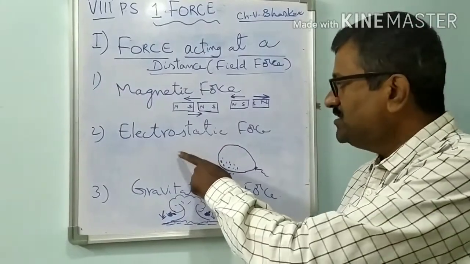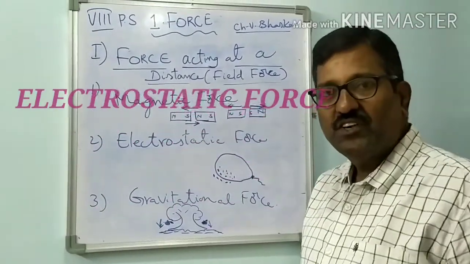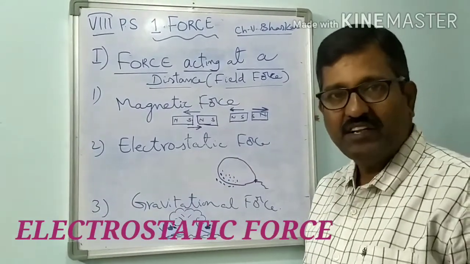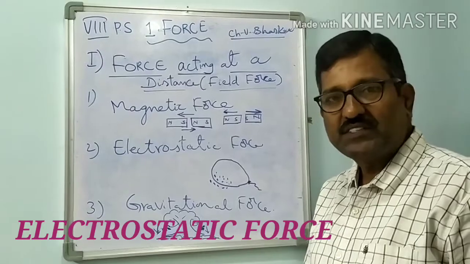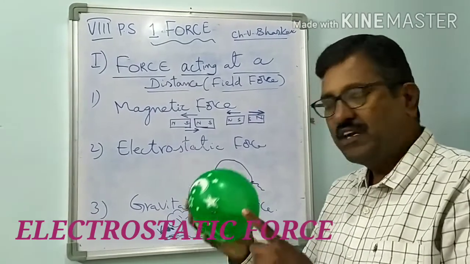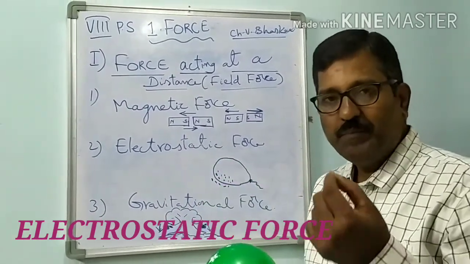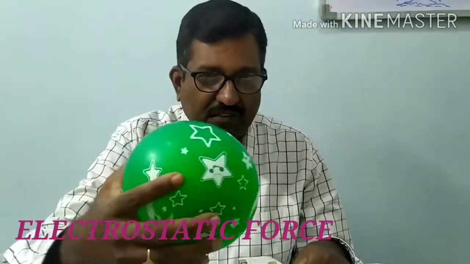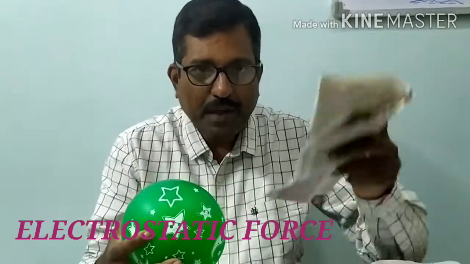The second one is electrostatic force. To understand the electrostatic force, we conduct an activity given in our textbook. In this activity, we will take a balloon and some pieces of paper.